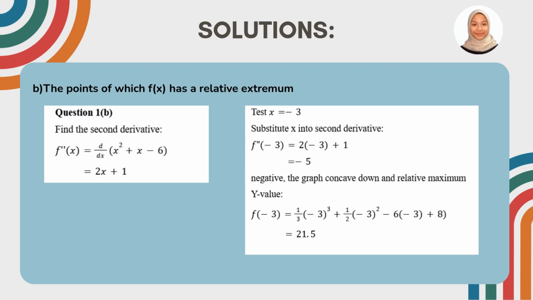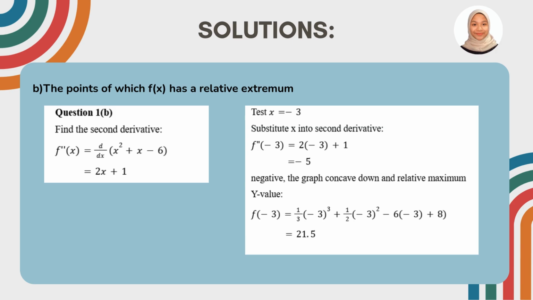Question B, the points at which function f(x) has a relative extremum. For this question, find the second derivative, which is f''(x) = d/dx of (x^2 + x - 6). So f''(x) = 2x + 1.